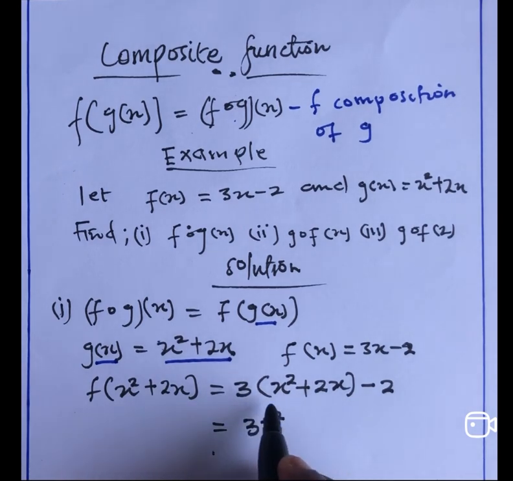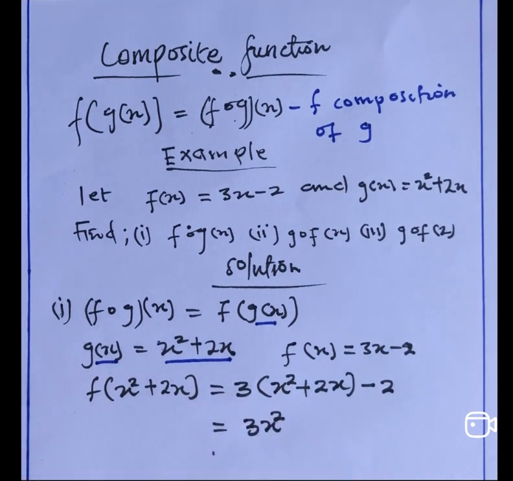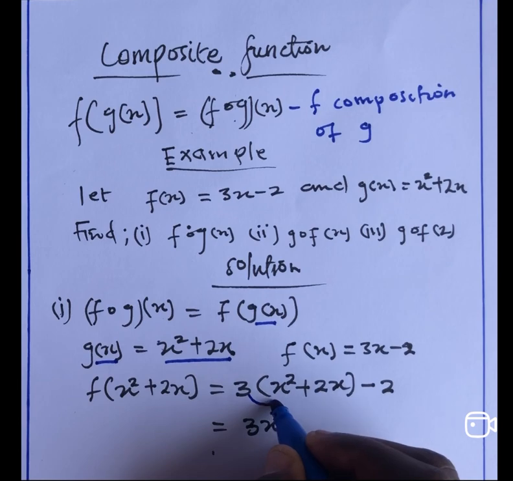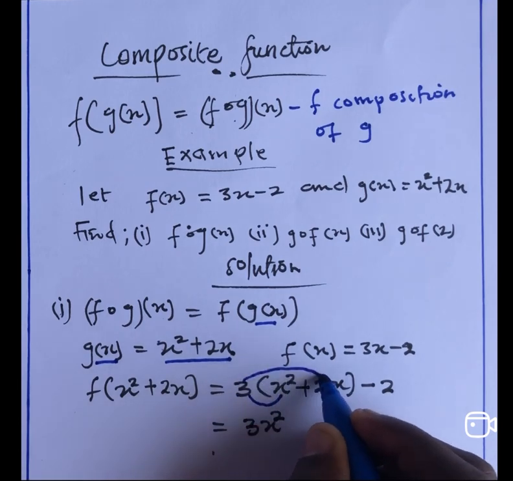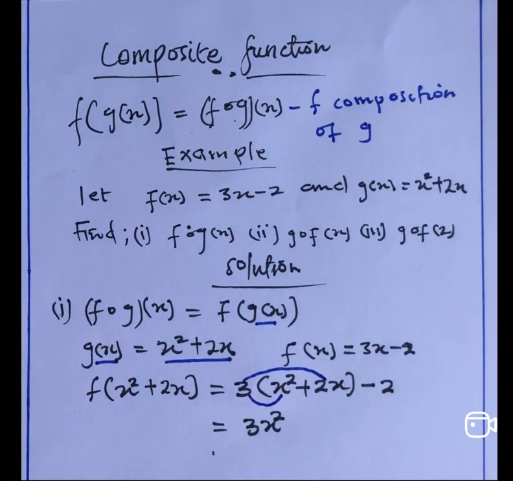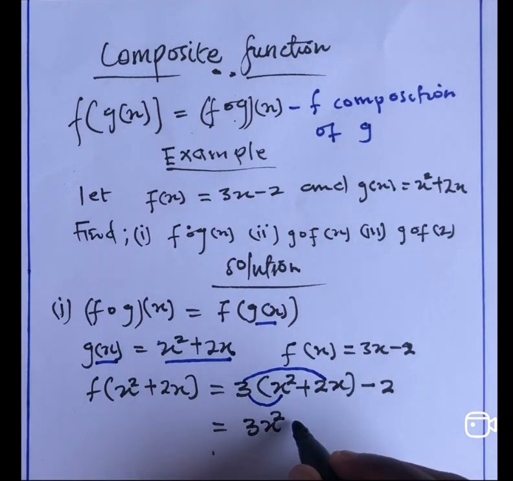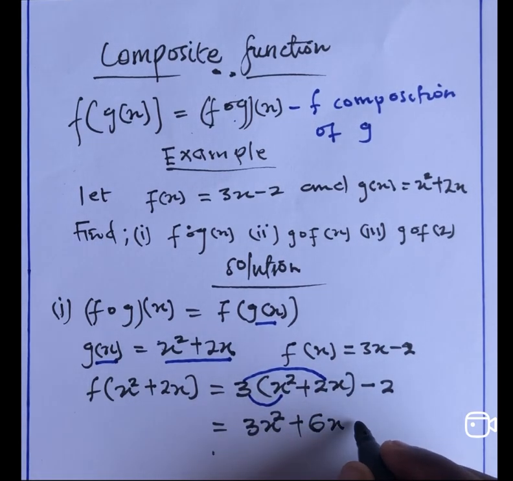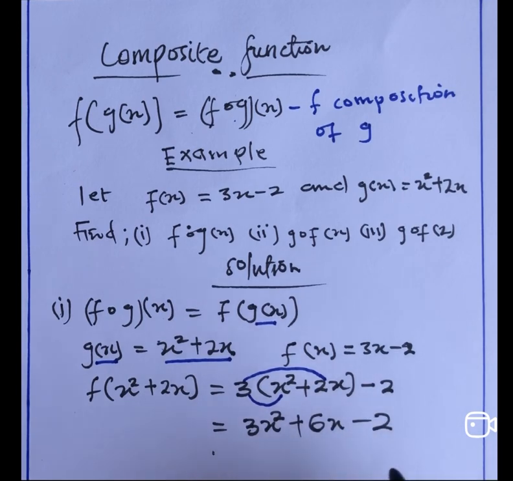I'm only opening this bracket, so this 3 will multiply this and multiply that. Is that okay? So we have something like this and something like that. So from there 3 by 2 gives us 6x, then minus what? 2. Since you don't have any like terms here, we will leave our answer as this.